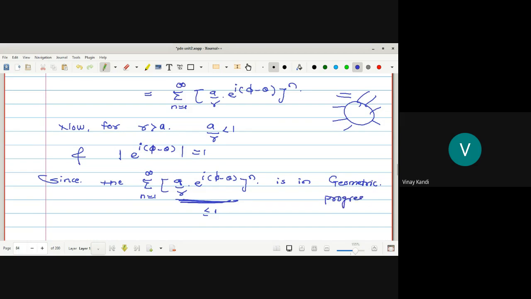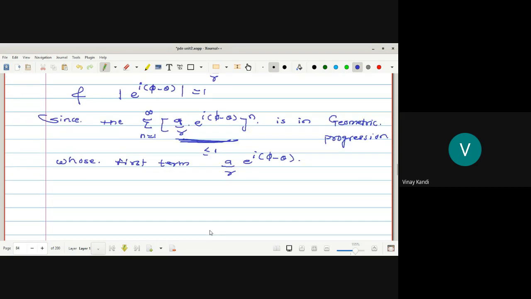Whose first term काय आहे? Whose first term is given by a upon r, okay, n is equal to 1, e raised to I phi minus theta. Okay, हा तुमचा first term. And the common ratio काय?